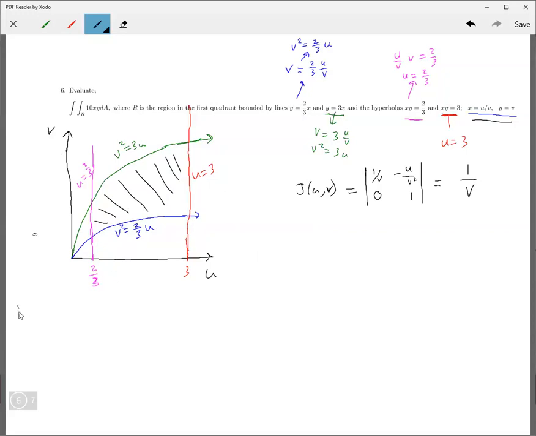Okay, so now we're ready to go ahead and calculate the integral. We want to integrate over this region here. What we need to do is solve for v, because it's better if we integrate in v first and go from this boundary to that boundary.